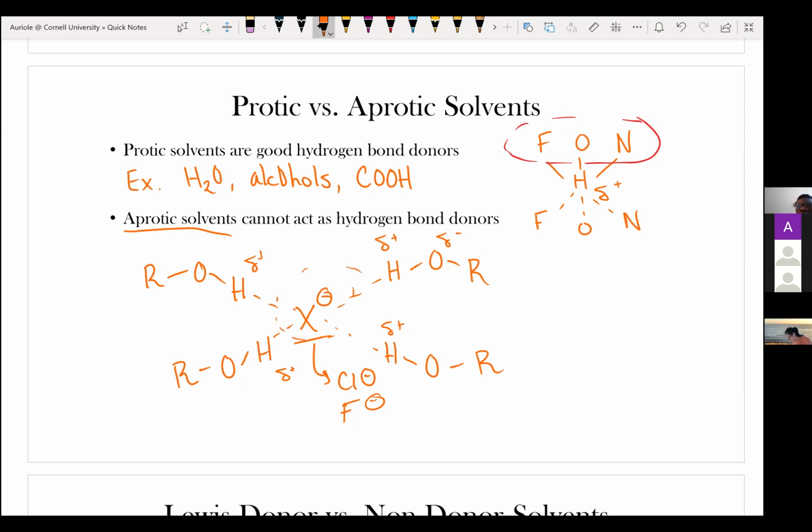And so when we talk about solvents, a word that you'll often hear is solvation. And all solvation is, is the favorable interaction of dissolved molecules with a solvent.